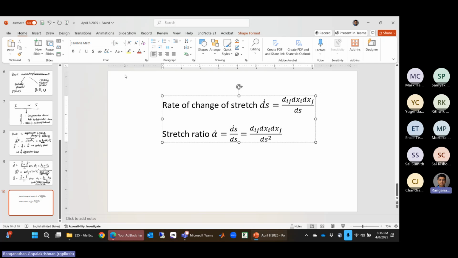So why do we need to know this rate of change of stretch? Because usually we try to simplify problems down to 1 or 2 dimensions. If you have a complex 3-dimensional problem, rarely we will analyze the entire 3-dimensional nature. We try to make assumptions such that it's better analyzed as a quasi 1D problem, so that if you can describe the mechanics in just 1 dimension, you can get a lot of insights and design ideas from that.